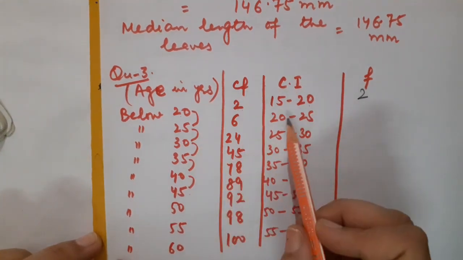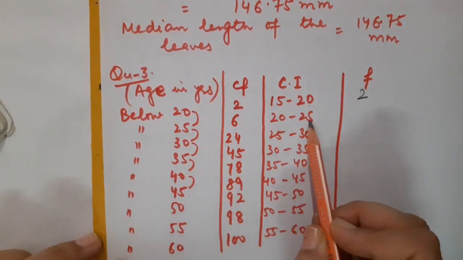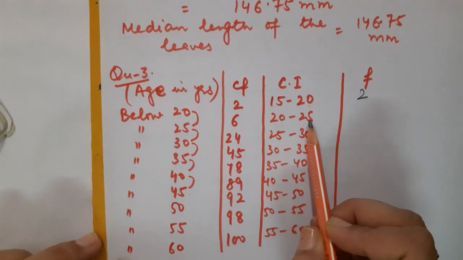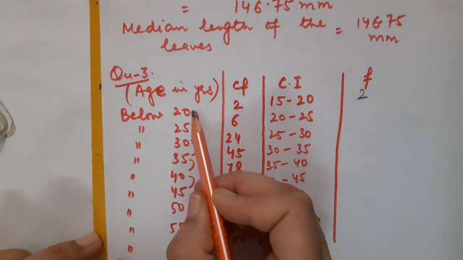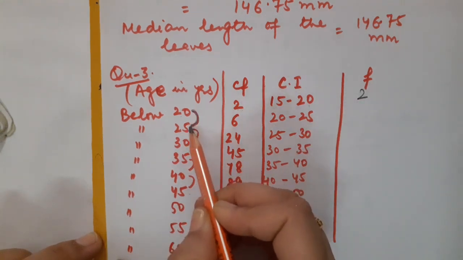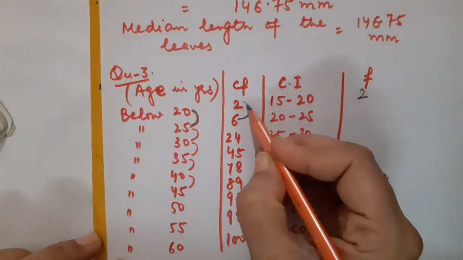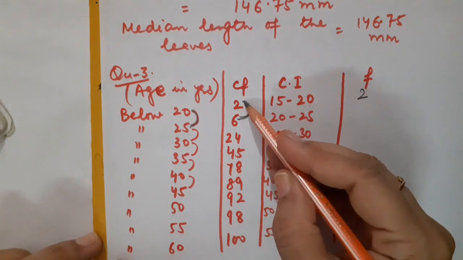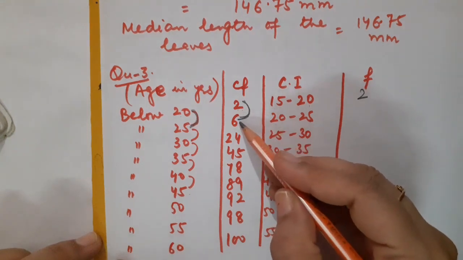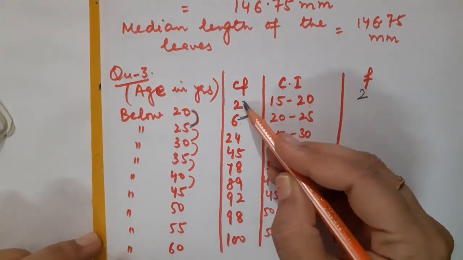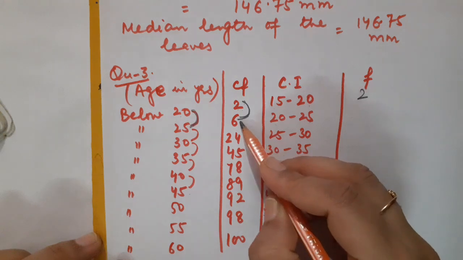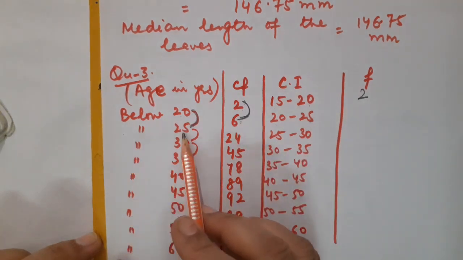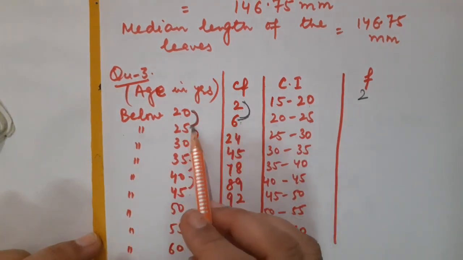Correct? When I am talking about that, you have to tell me the number of policy holders whose ages are from 20 to 25. So you have to take the difference of 6 and 2, because 6 policy holders are those whose age is less than 25, means in that less than 20 is also going to be included.